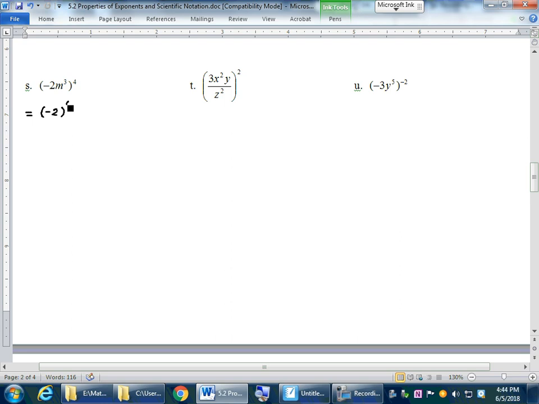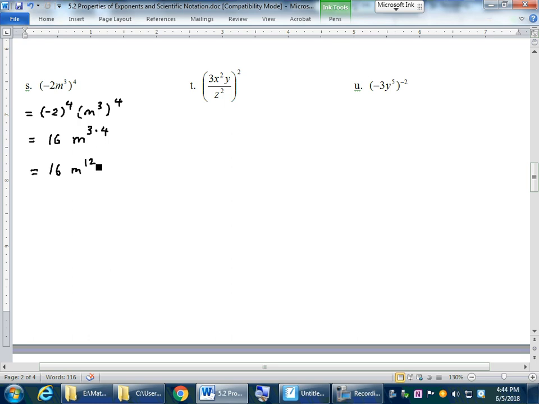So negative 2 to the 4th power and m to the 3rd to the 4th power. Now negative 2 to the 4th power is 16. Now m to the 3rd to the 4th power, that looks like property number 3. So exponent to exponent, we multiply the exponents together. So this will become 16 m to the 12th power.